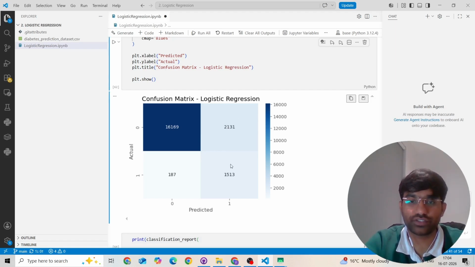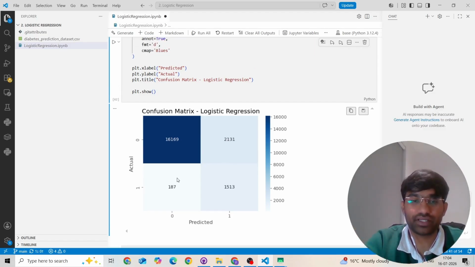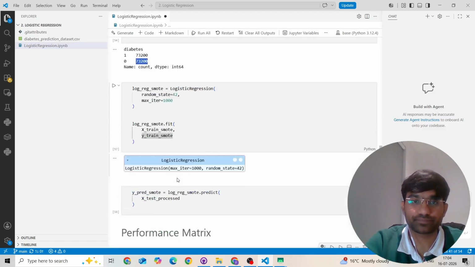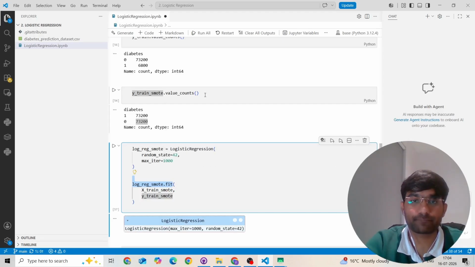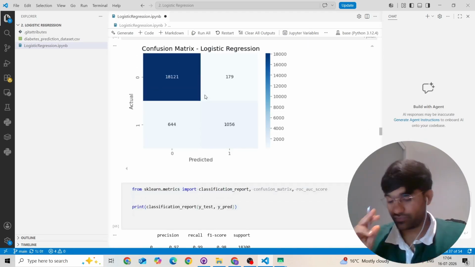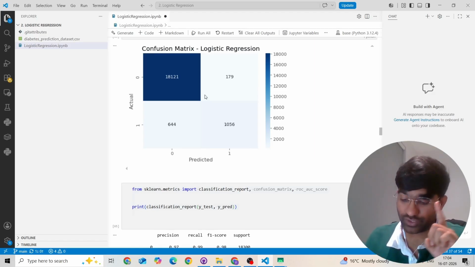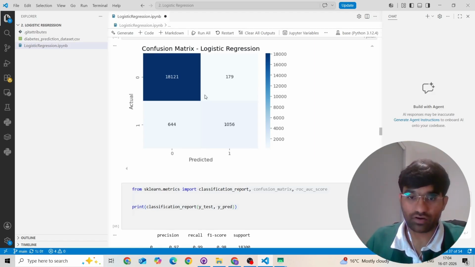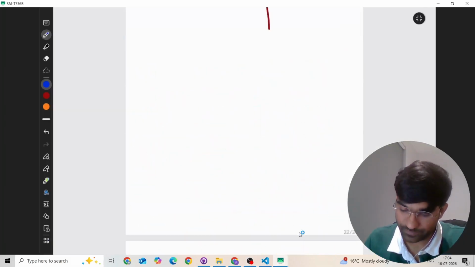This is true positive, this is false positive, and this is false negative. So if you compare with the imbalanced data, first of all, for diabetes we should focus on recall. For the diabetes data, I have explained the scenario here.